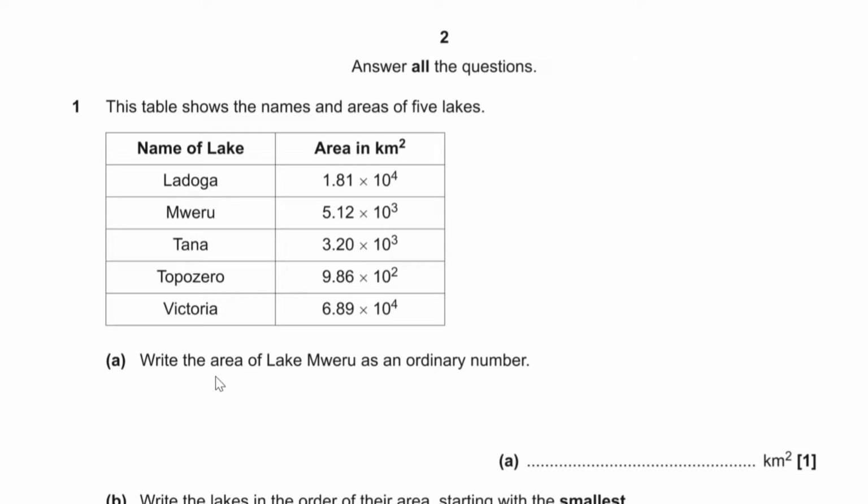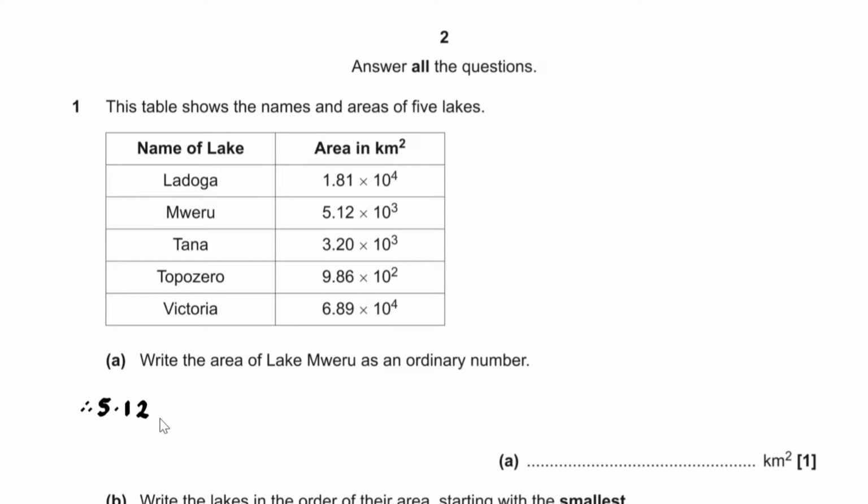For part A, we have to write the area of Lake Mawuru as an ordinary number. Well, here is its area, 5.12 times 10 to the 3. We need to write this as an ordinary number. Now we've got this 5.12 and we are multiplying it by 10 to the 3. 10 to the 3 is the same as 1000.